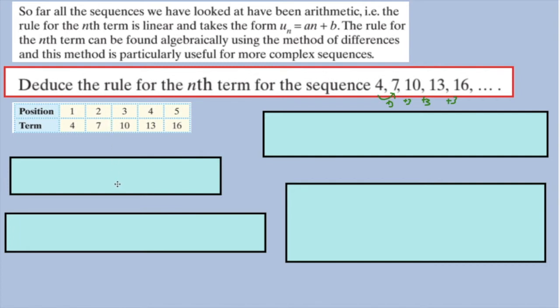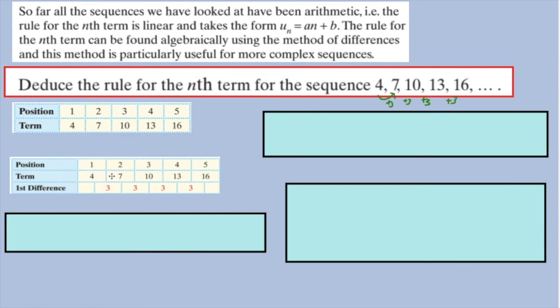Now we're going to look at our difference between them. Well, that's what we're used to seeing here: 3, 3, 3, 3. We know it must be an arithmetic sequence because 3, 3, 3, 3.